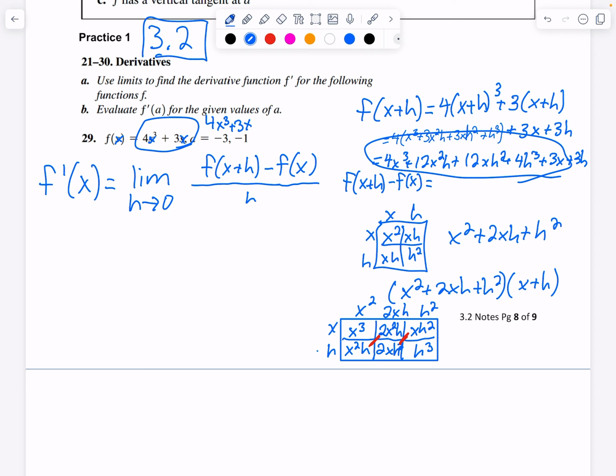If you look at what I have circled here, I have 4x cubed in both and 3x in both, so I'm just going to take that out. So I get 12x squared h plus 12x h squared plus 4h cubed plus 3h.